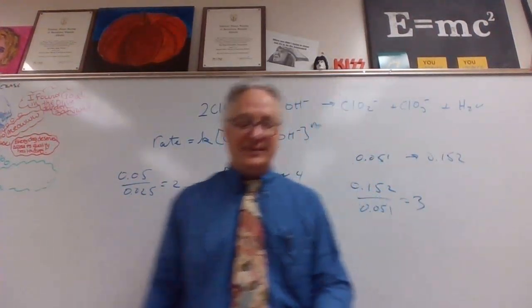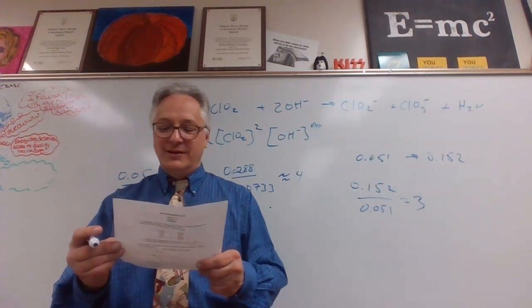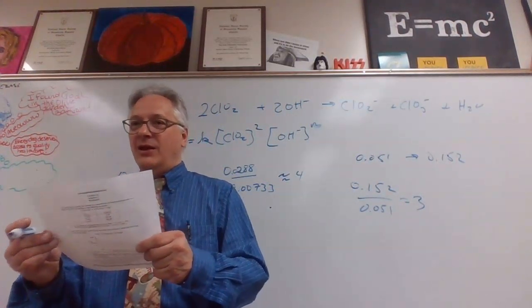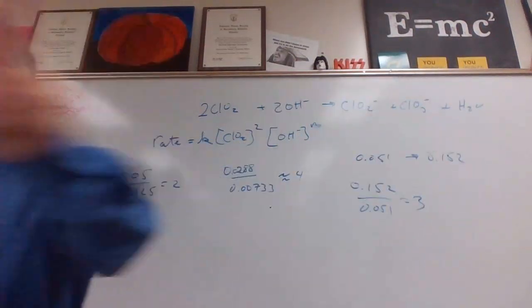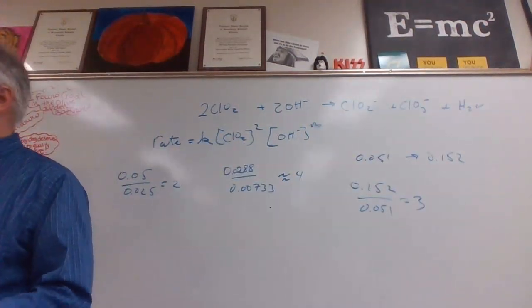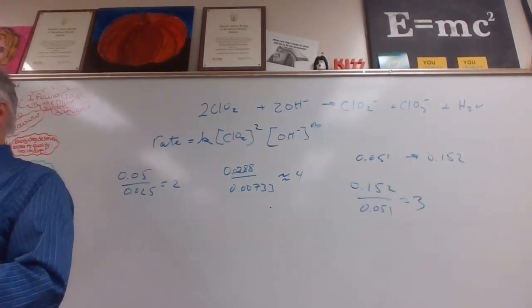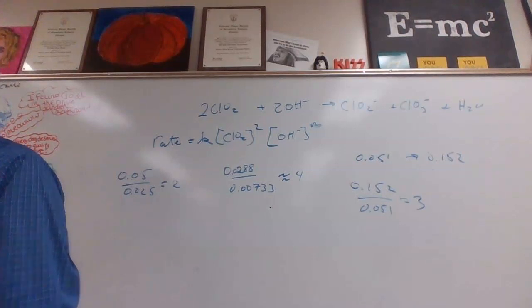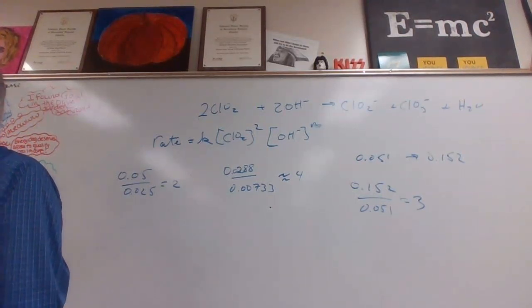Now do the same thing with the rates. Take the bigger number, divide it by the smaller number. But I already did that, didn't I? You did it for the other reactant. You have to do it for both reactants, because you need the exponent. And I bet if you divide 0.0218 by 0.00733, you're going to get?